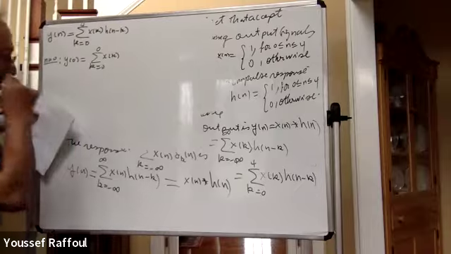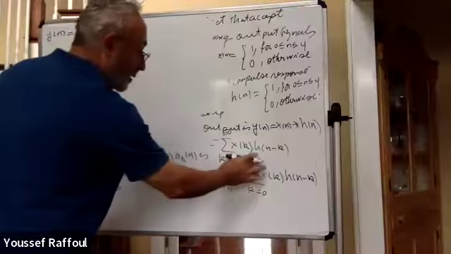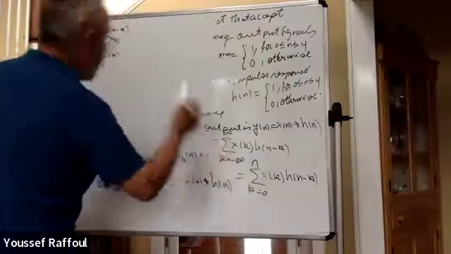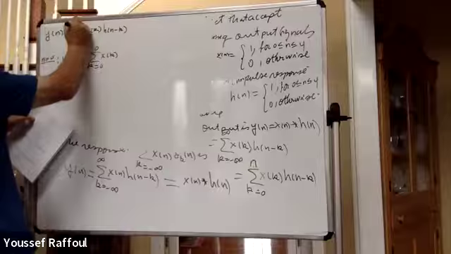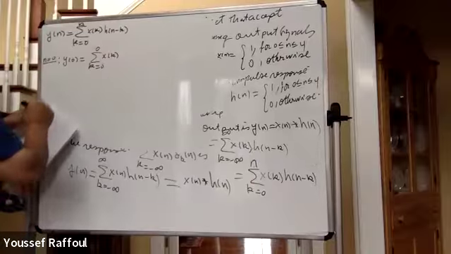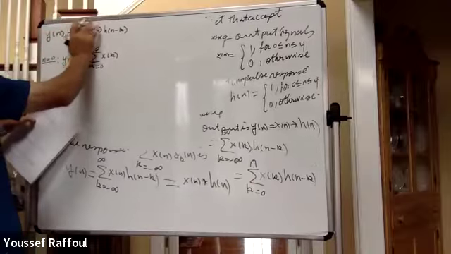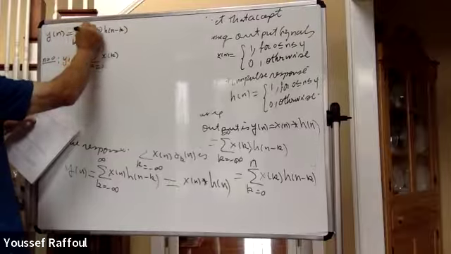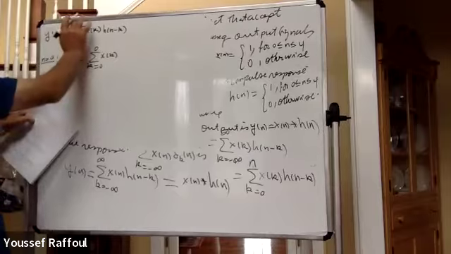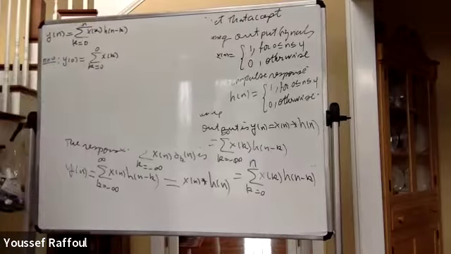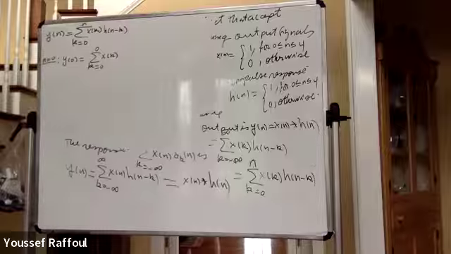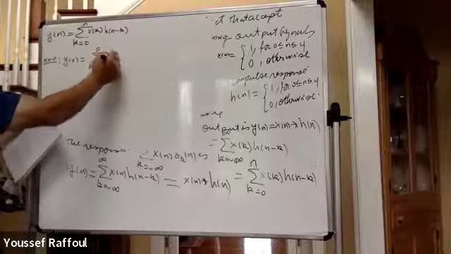Let's write it k equals 0 to n. So for n equals 0, you see it's 0 here.